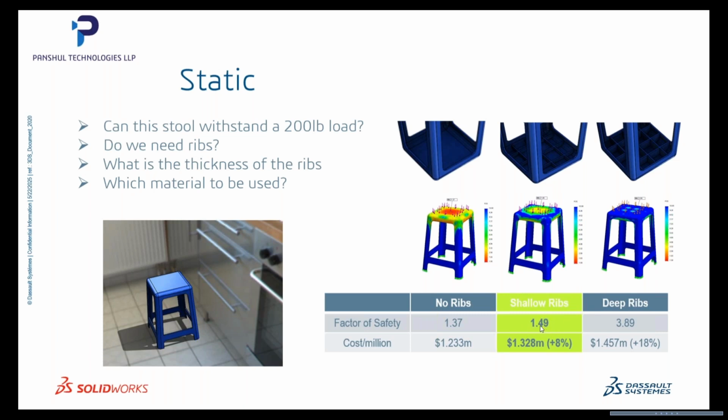You can see that the cost per million to manufacture this stool was about 1.233 million, and for the shallow ribs it is 1.328 million, which is approximately 8% more. So with an additional 8% of cost, we get increased safety. Also, the customer would have trust in the component that it would not fail, or break, or rupture.